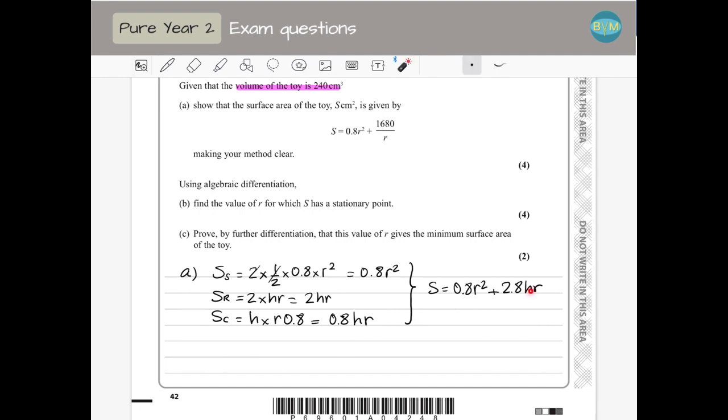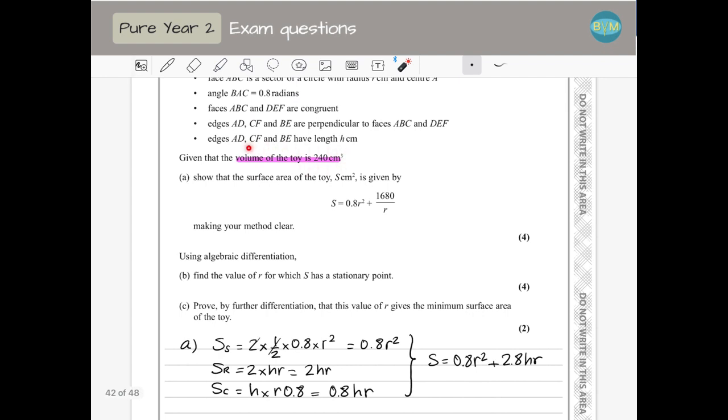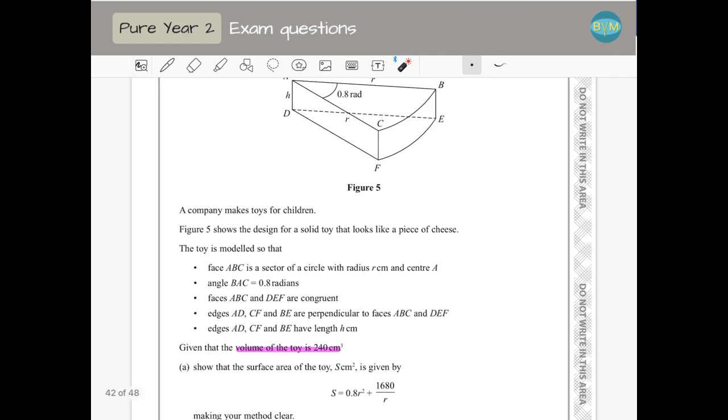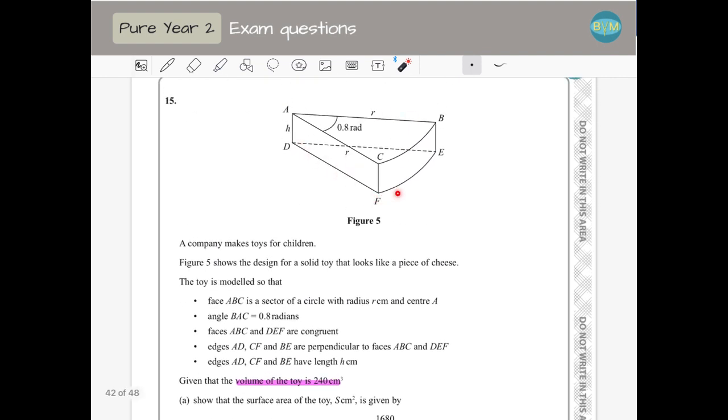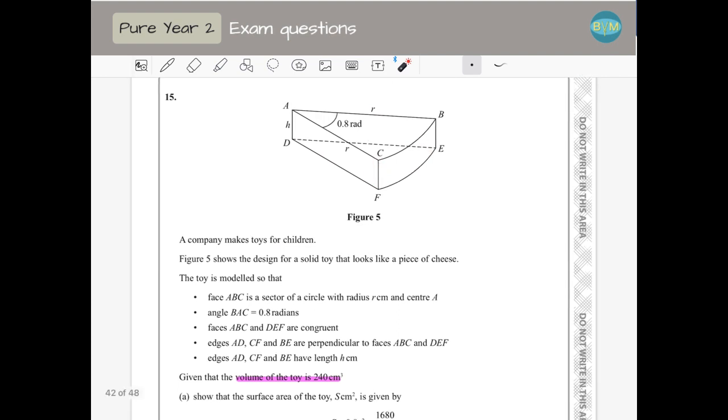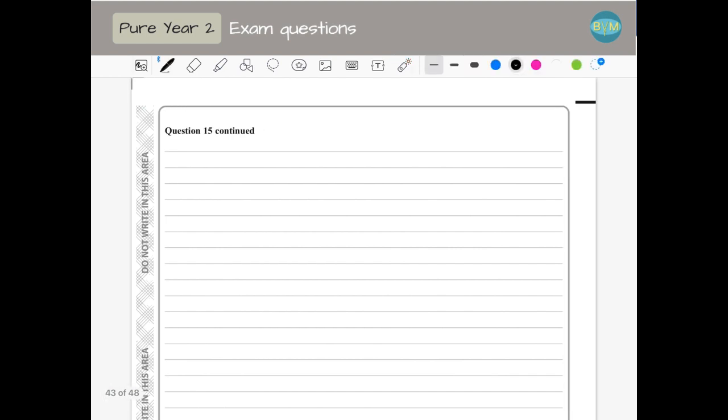But I don't want h in my expression. What I'm going to do is use this line to give me a relation between h and r and eliminate h. So the volume of the toy, this is like a prism, so I have the area of the base times the height. The area of the base is the area of the sector, which is the angle times 1/2 times radius squared, times the height.